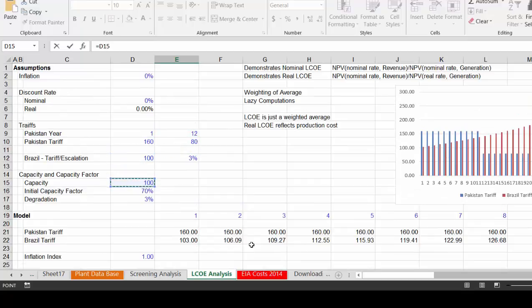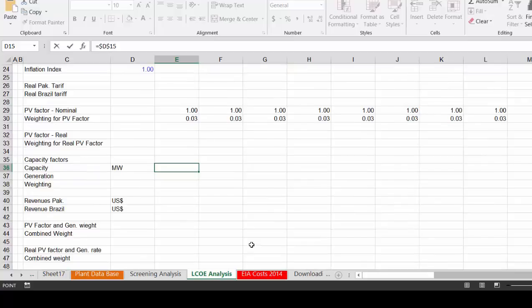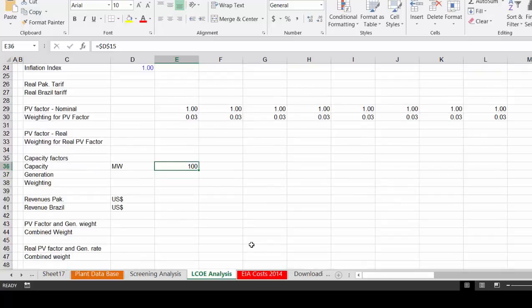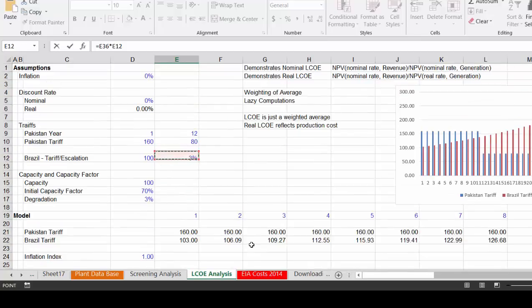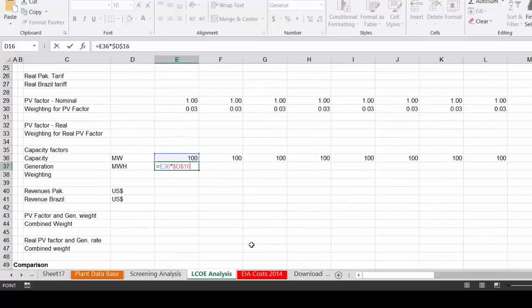Now, before we get into the real analysis, let's put a number in and press F4. Let's put the capacity. Okay, Shift Control R again, and then the generation in MWh is going to just be this one times the capacity factor, but we put the capacity factor F4, and then we'll start with this one, and then let's take this generation and multiply that by the hours in a year.